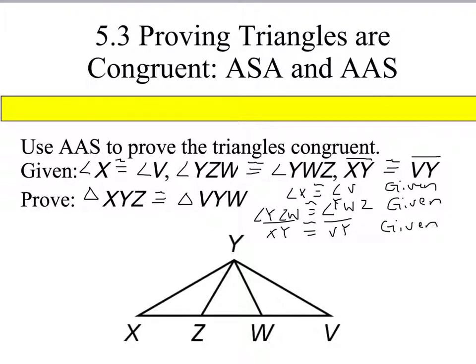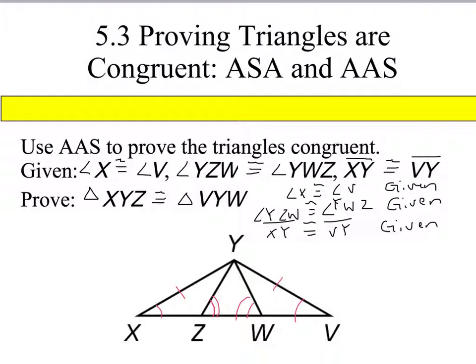Now we need to generate our own information based on the given information we know. I'm just going to draw in here. Angle X is going to be congruent to angle V. YZW is going to be congruent to YWZ. Now, we also know that XY is congruent to VY.